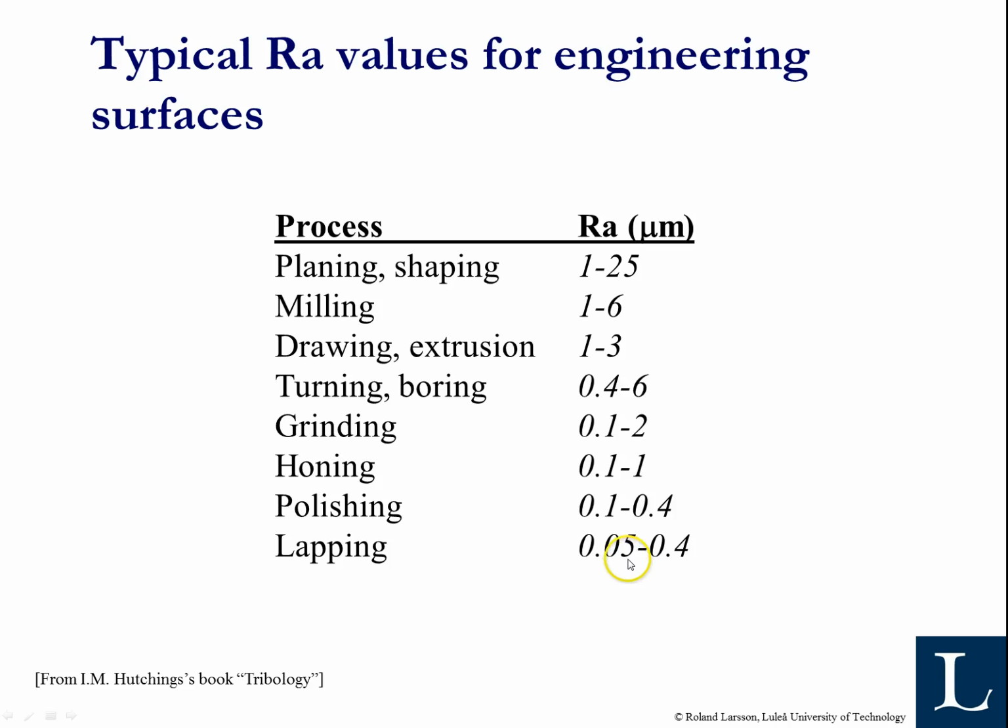If you have a RA value of 50 nanometers, that's a very smooth surface, and it's probably shining like a mirror. Can still be, doesn't need to be, depends a little bit on the wavelengths. It can be very smooth without being mirror like.